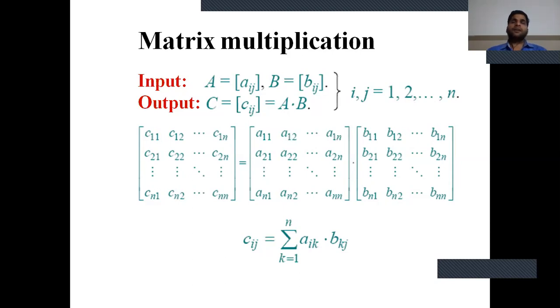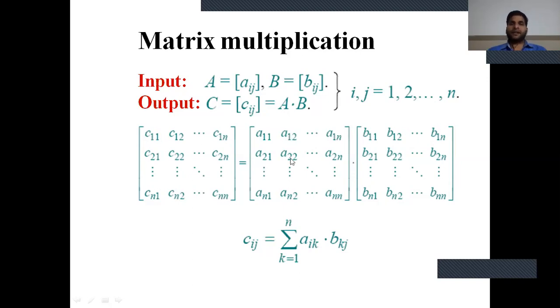For example, if the value of i, j equal to 1 to n, then we find the output like this: C11, C12, ..., C1n. In the second row, C21, C22, ..., C2n. In the nth row, Cn1, Cn2, ..., Cnn.